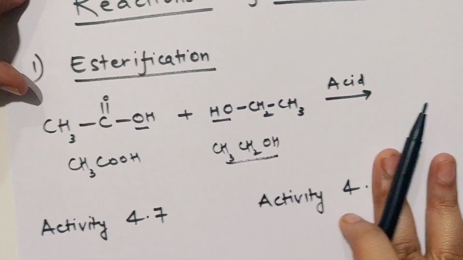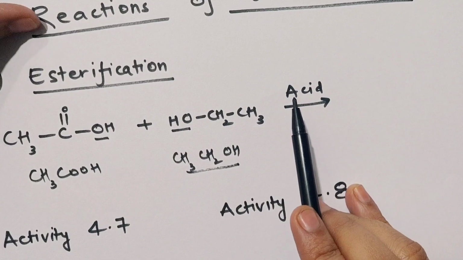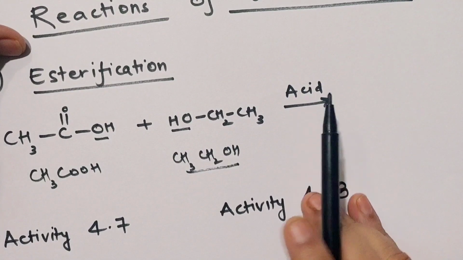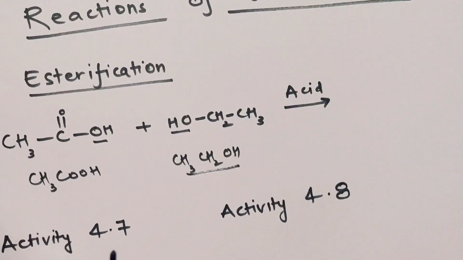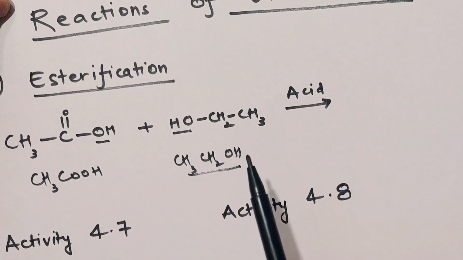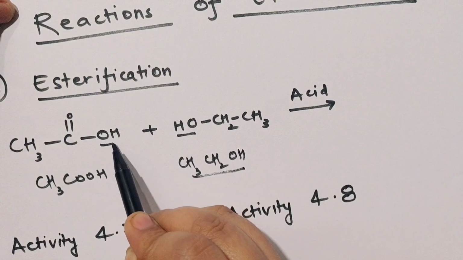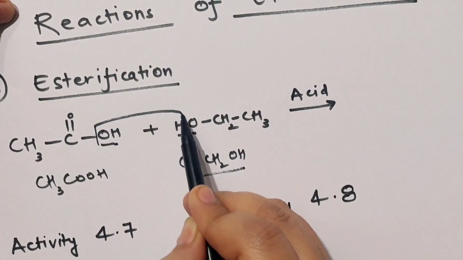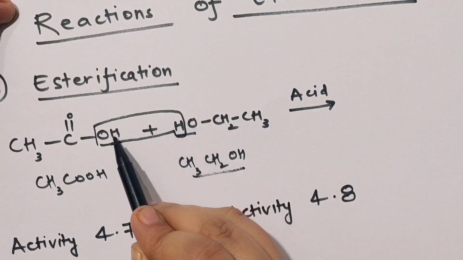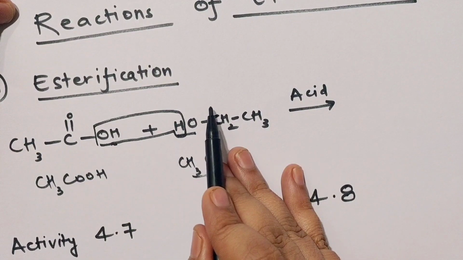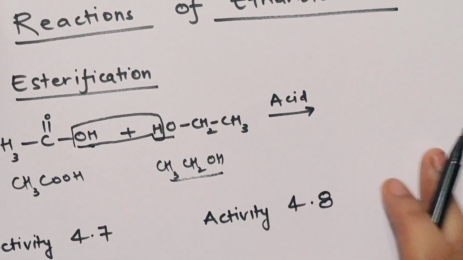This reaction happens in the presence of acid. A few drops of concentrated sulfuric acid are required to bring about this reaction. So let's remove this OH and this H. Like I said, you can remove this OH and this H also, any way you like. Now, what do we get?